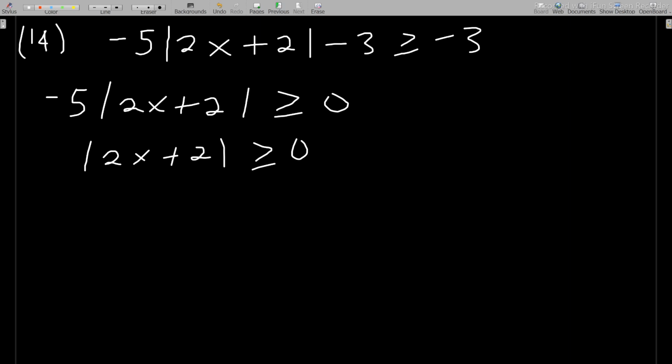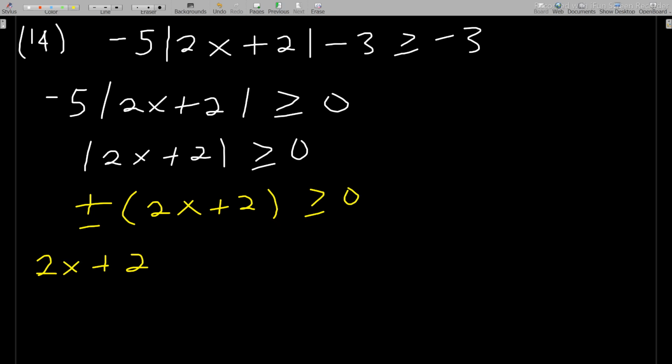Indeed it's true, but since there is an absolute value inside the expression, what you can say is that you do a plus or minus into 2x plus 2 greater than or equal to 0. Then for the first one, that is the plus, I have 2x plus 2 greater than or equal to 0, then 2x greater than or equal to negative 2, x is greater than or equal to negative 1.